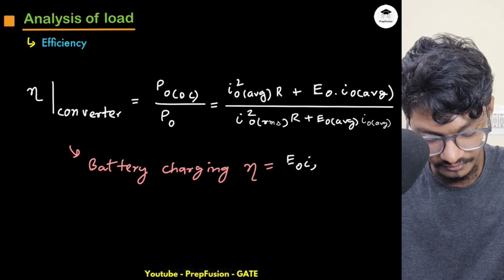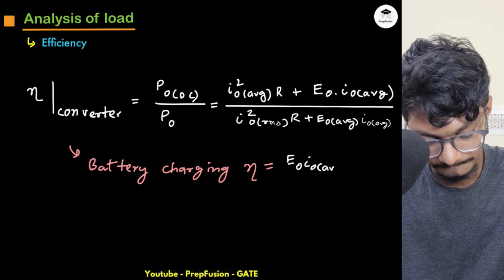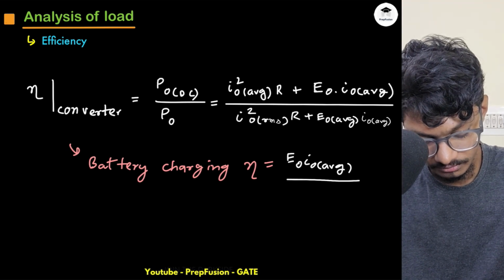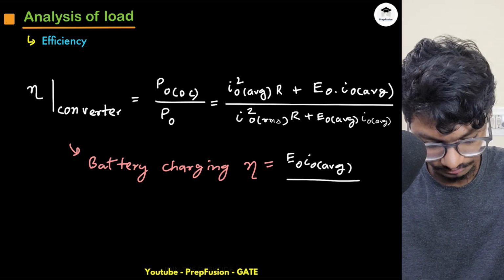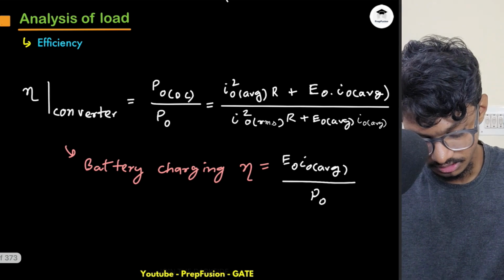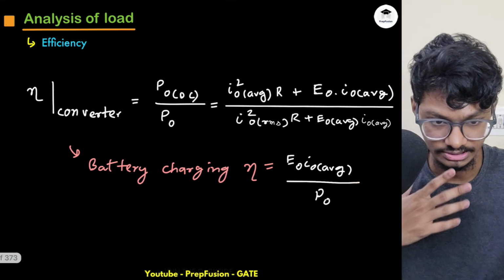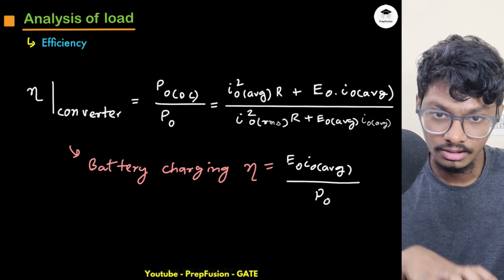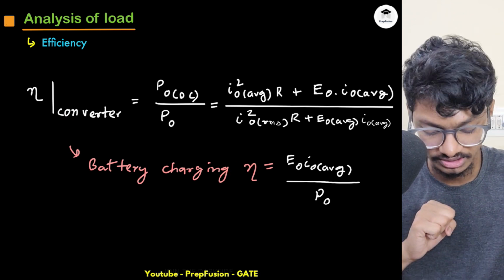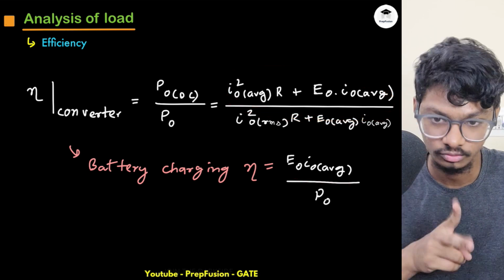So EO into IO average divided by overall power, that is IO RMS whole square into R. That has already been derived here, so I won't change that. That will be the same, but this has been changed, right? So these are the things. This and this are different, which I explained as well. Okay, because there is much confusion between this and this, so I've explained the two things.